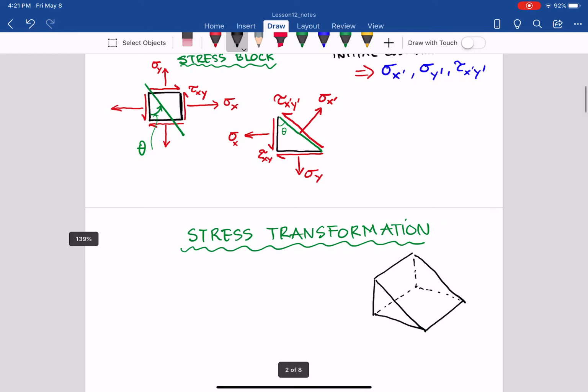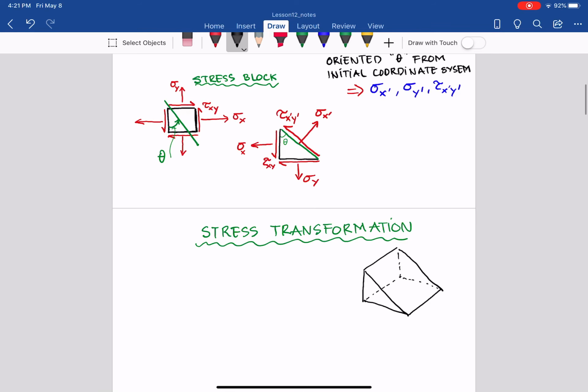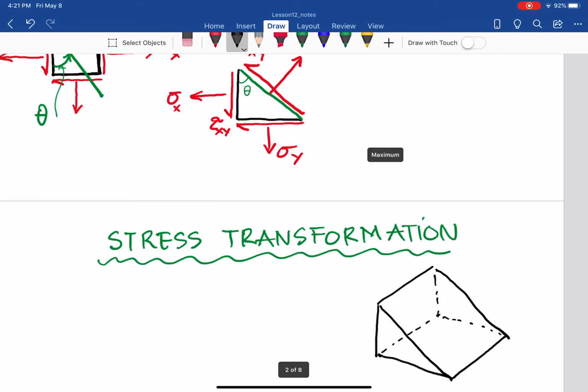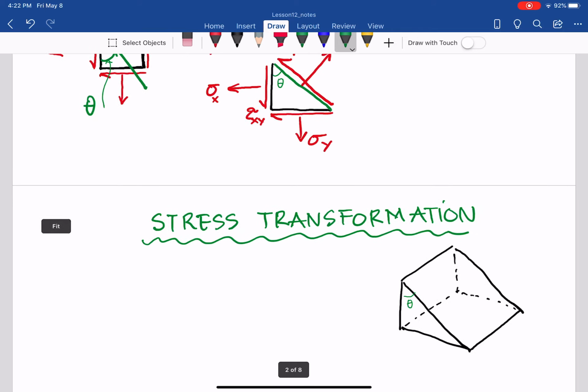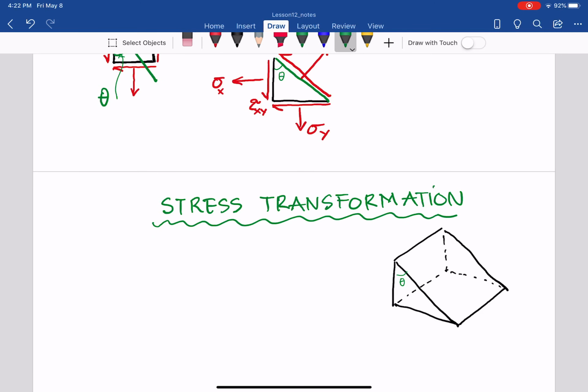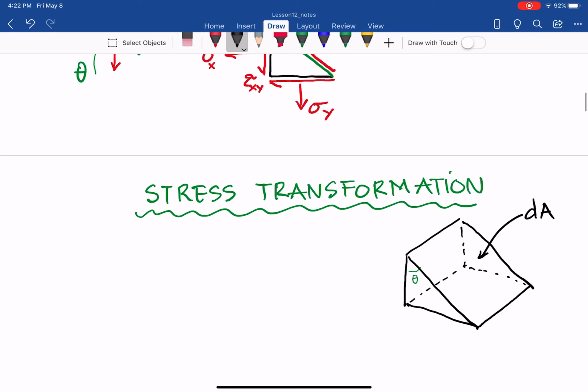And if we call the angle that we just saw with that block here theta, then that angle here is theta. From that, if we call the area on the inclined plane here, the plane that forms an angle theta, dA, a differential area. Then with that theta defined in there, you can see the opposite, which is the bottom area here.